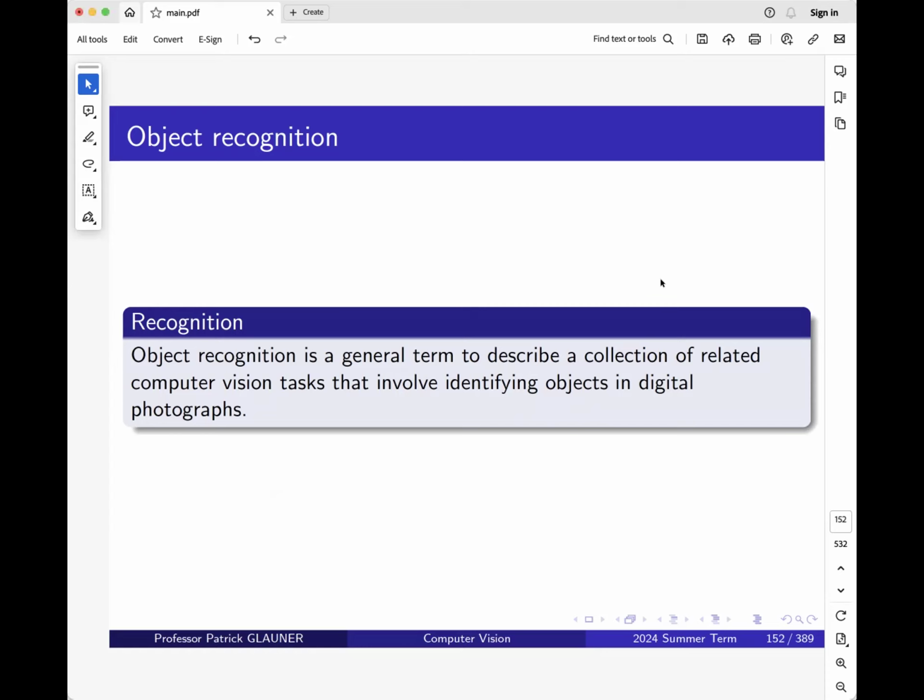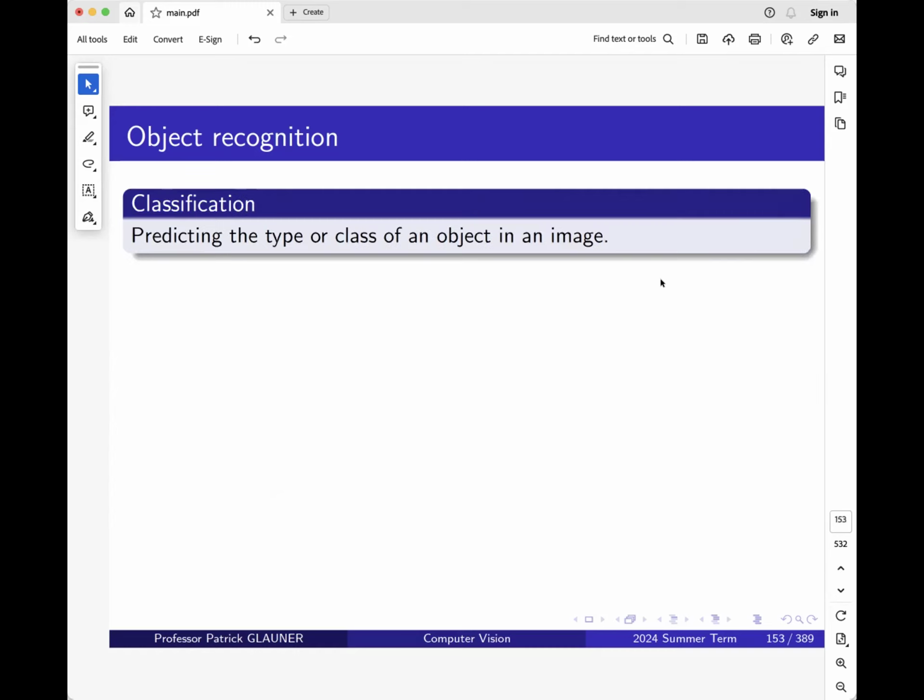So object recognition is a general term, but it's used in very different ways throughout the literature. And I'll try now to bring some structure into different terms like recognition, classification, detection, and so forth. Those definitions that I'm using are just one attempt at defining them. I have to be honest, I don't use these terms consistently. And they're not binding.